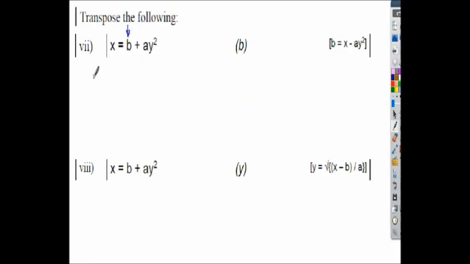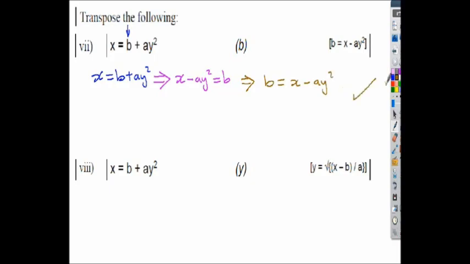So given the equation x equals b plus ay squared, the first thing I would do is subtract ay squared from both sides. So my next line will be x minus ay squared is equal to b, and just turn the equation around. Therefore b is equal to x minus ay squared.